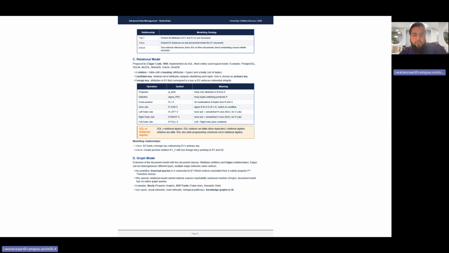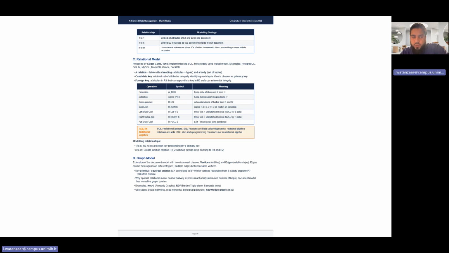Okay, so again, in the relational model we also have the same relationships as above. It starts from one to one, one to many, and many to many. One to N is where R2 holds a foreign key referencing R1's primary key.